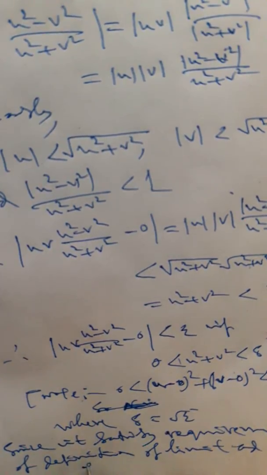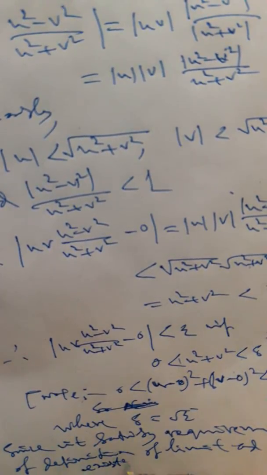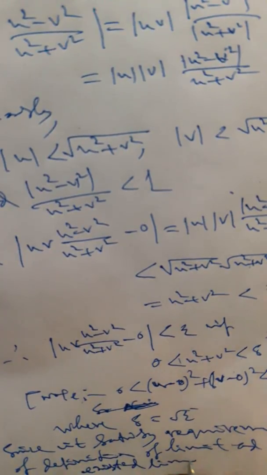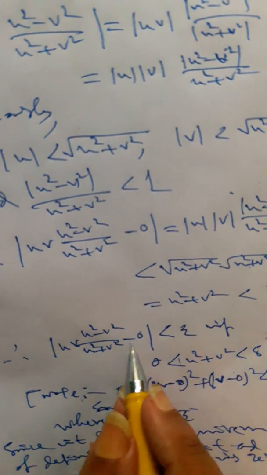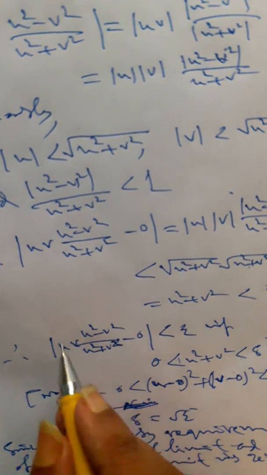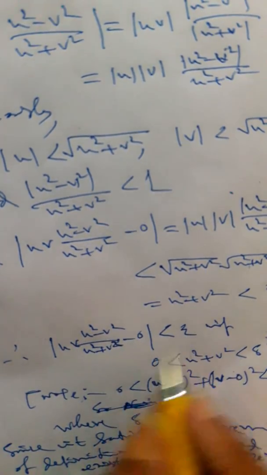The limit is 0, and it is clear already because this element minus 0 is less than epsilon.